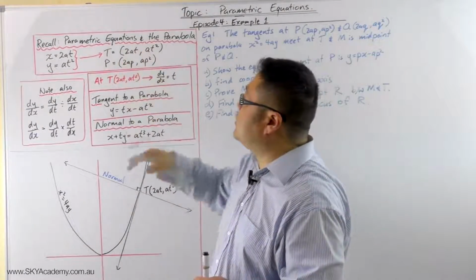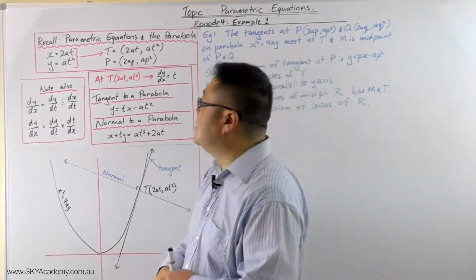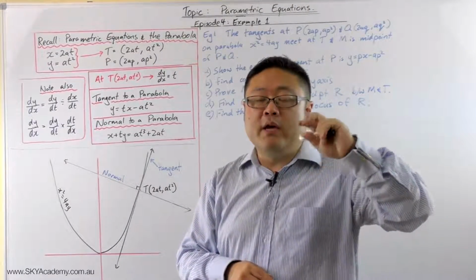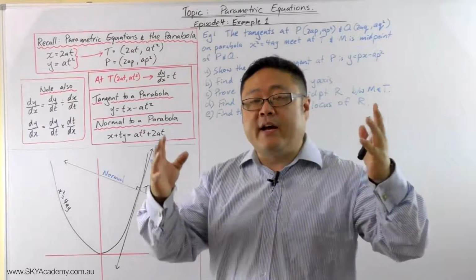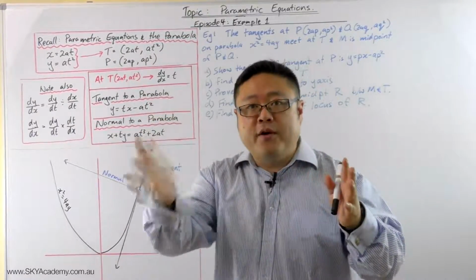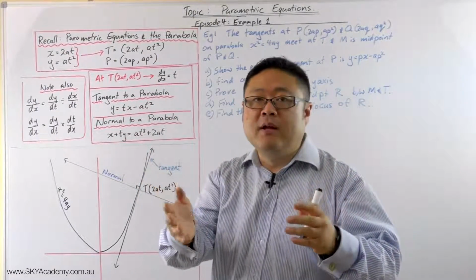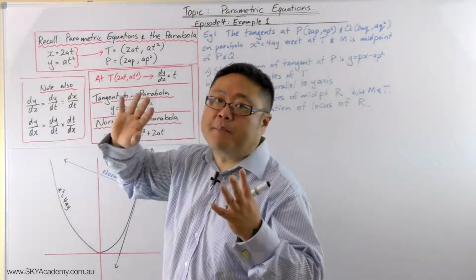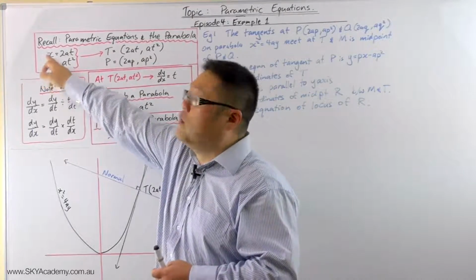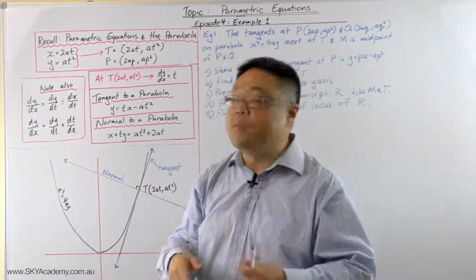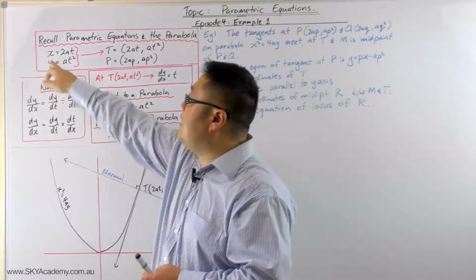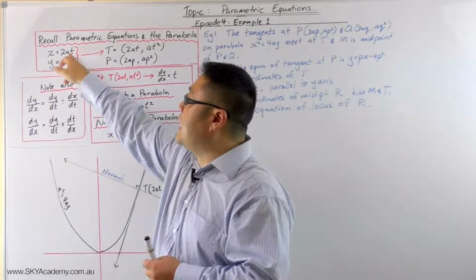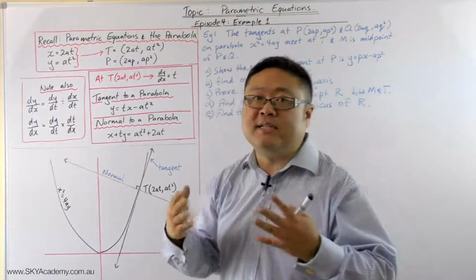We recall that parametric equations can be expressed as two equations where you have two variables that are related to a third, in-between variable. For example, on a parabola, you've got x and y, the two variables that make up the parabola, expressed as two separate equations, both related to a third variable, which is t.